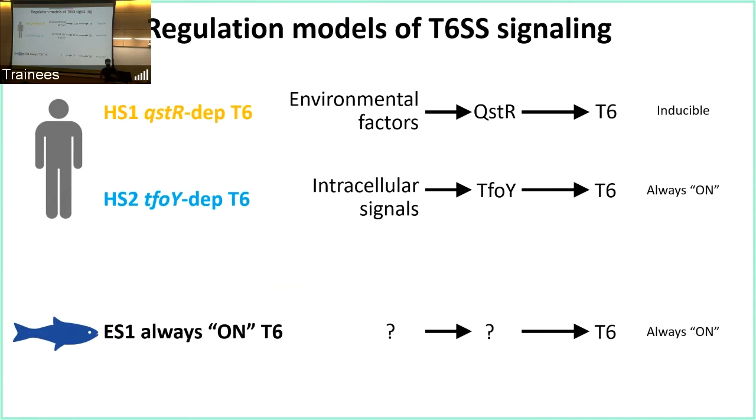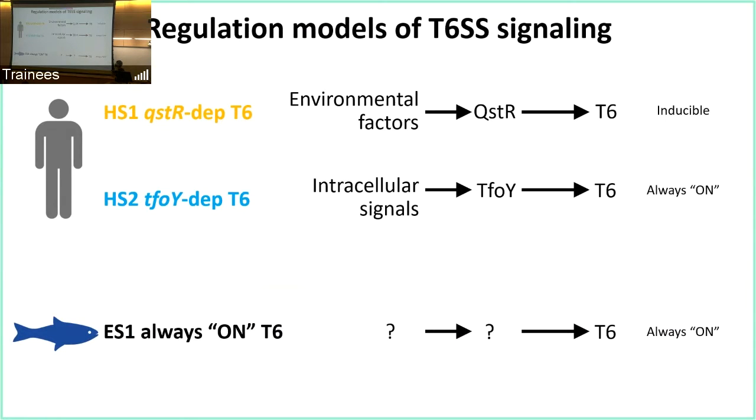CRISPR is a transcription factor that affects the transcription of their type 6 genes. The environmental signals turn on CRISPR, and CRISPR turns on type 6. And HS2 has some internal signals that turn on T4 and turn on type 6. And this is a weird house pet that is always angry as well.